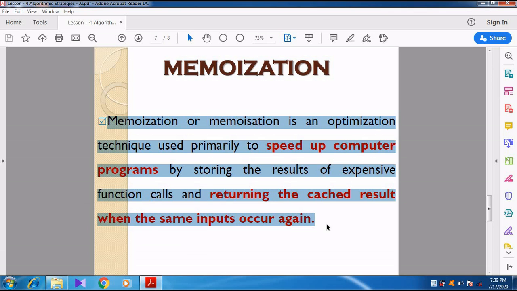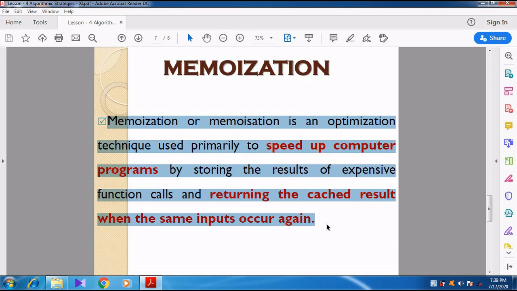Here, expensive function calls means we have already found some solution for a bigger problem. Those results are stored in this place. Whenever the same input occurs again, it takes the solution from the cache, right? So that is what they are saying here.